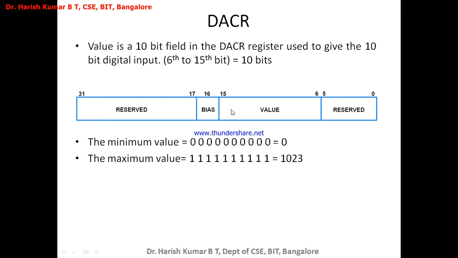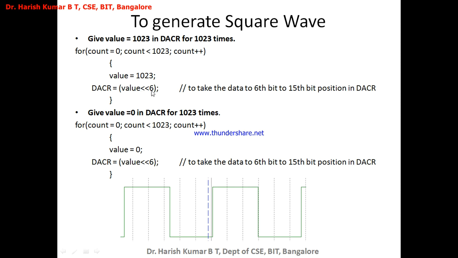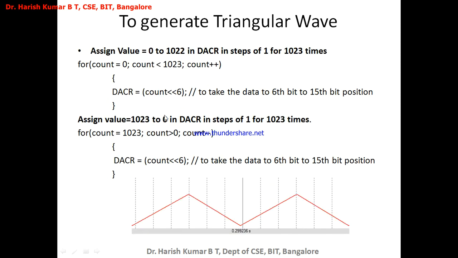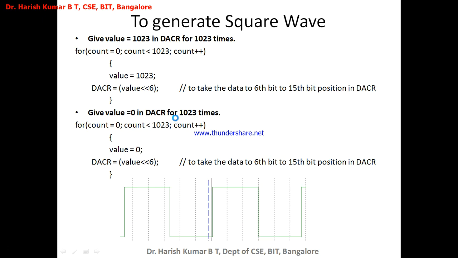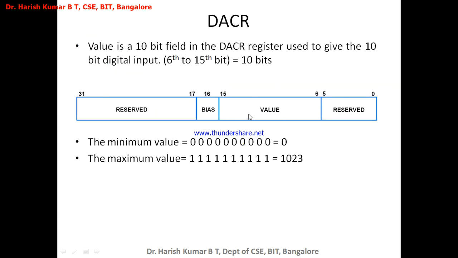To have it exactly at this position, how many bits do I have to shift? Bits 0 to 5, that means 0, 1, 2, 3, 4, 5, so 6 bits. Shift 6 bits, and then you will have your 1023 positioned from the 6th bit till the 15th bit.